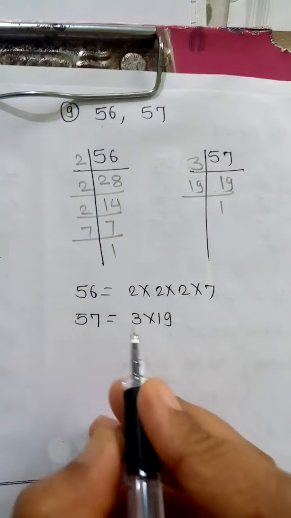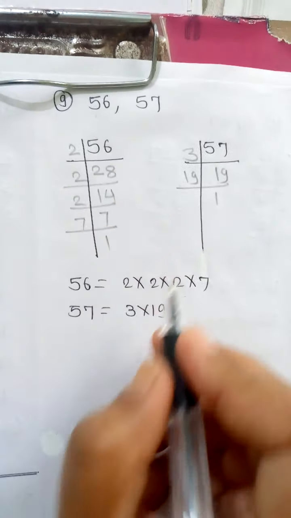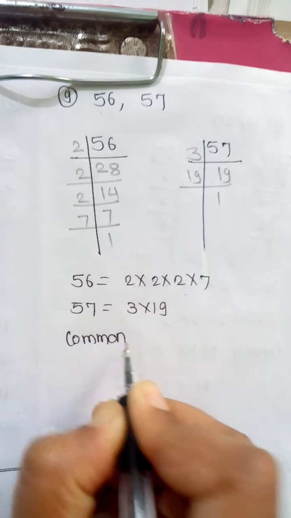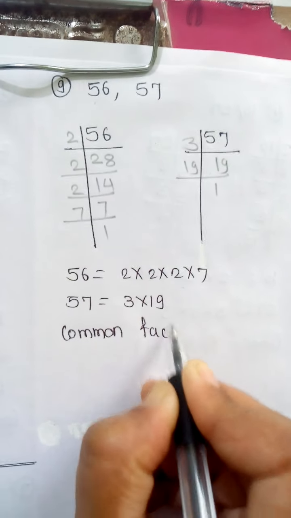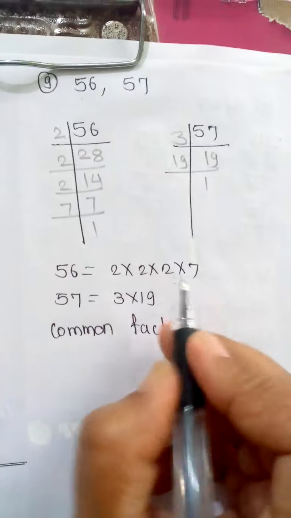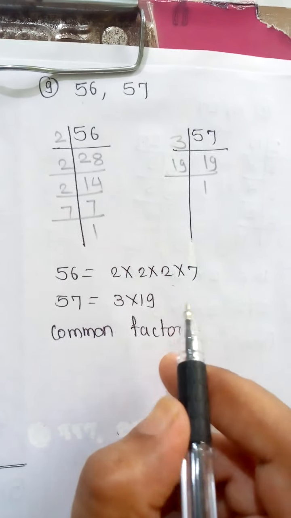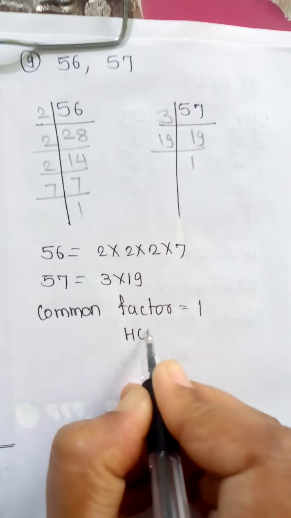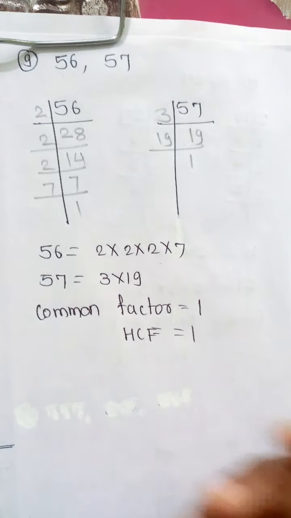Now we will write down horizontally the factors of 56 and 57. Now see here, is there a common factor in 56 and 57? No. So when a common factor is not there, always 1 is common. So the common factor is 1 and SCF is also 1.